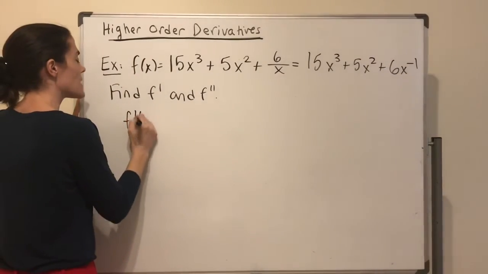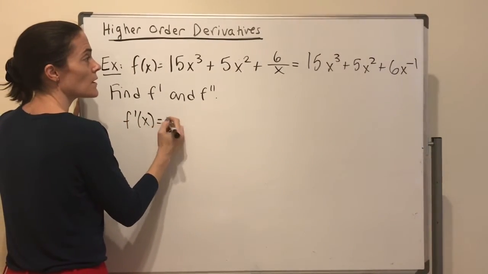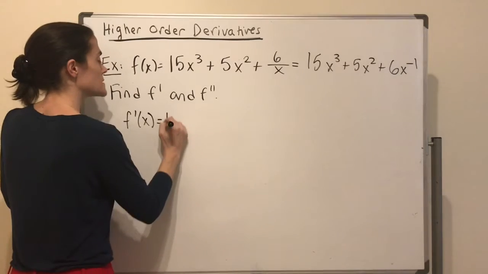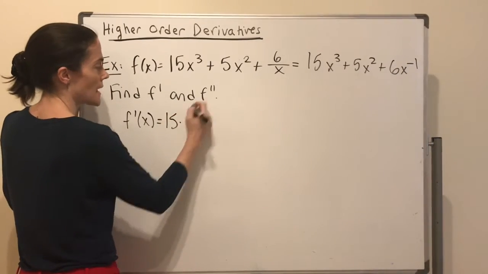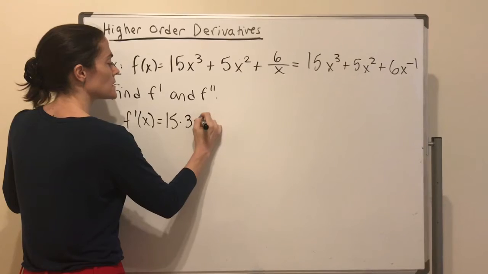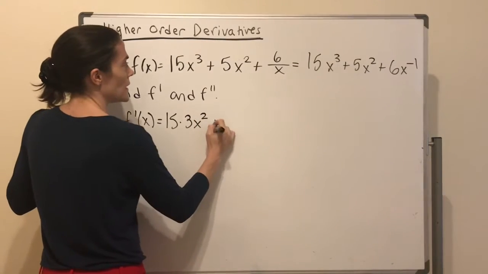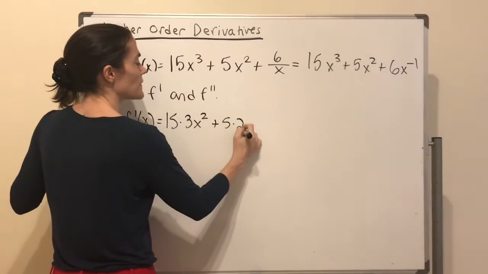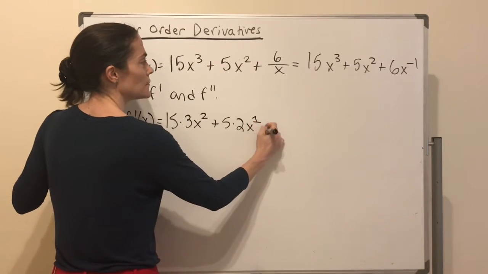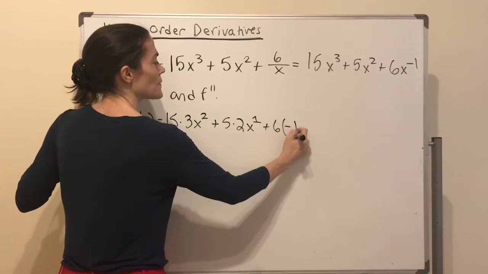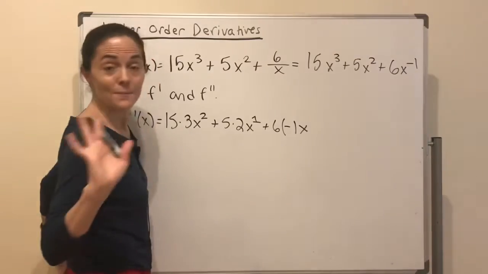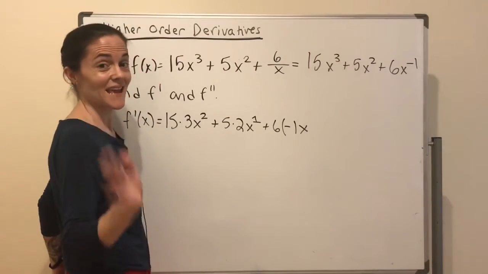f prime of x here, well, the constant comes along, so we have 15 times, and then bring down the 3x to the 2, and then plus 5, bring down the 2x to the 1, plus 6, bring down the minus 1, x to the minus 1 is negative 2.